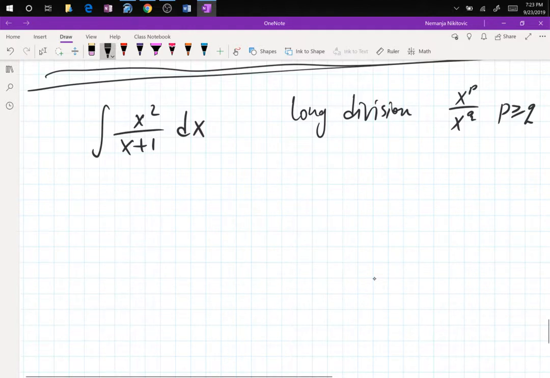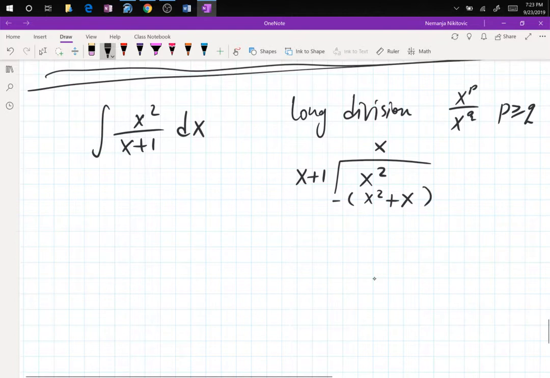So if we do the long division, we're going to have x plus 1 divided into x squared. Well, x into x squared goes x times. When I multiply back, I get x times x is x squared plus x. And then we subtract. I'm going to have these guys cancel. I'm going to have negative x over here.